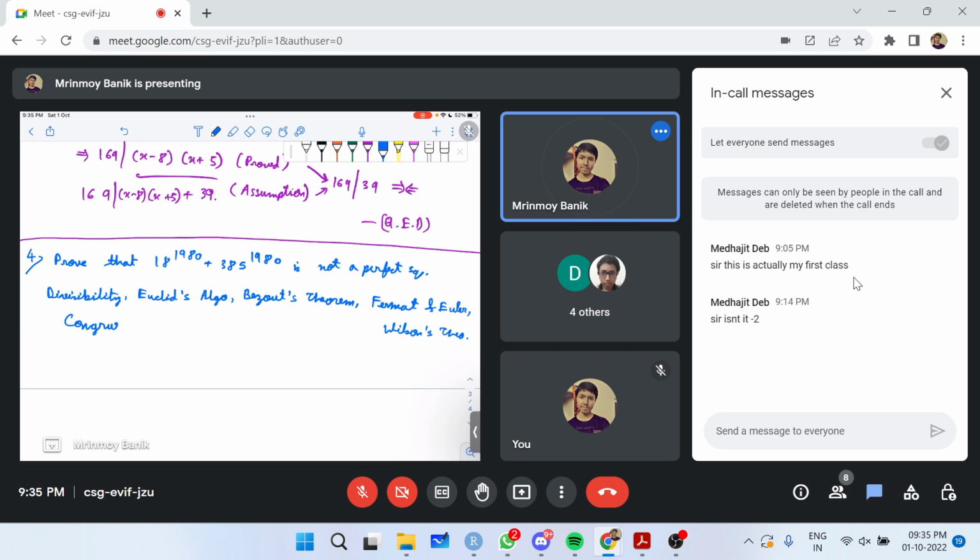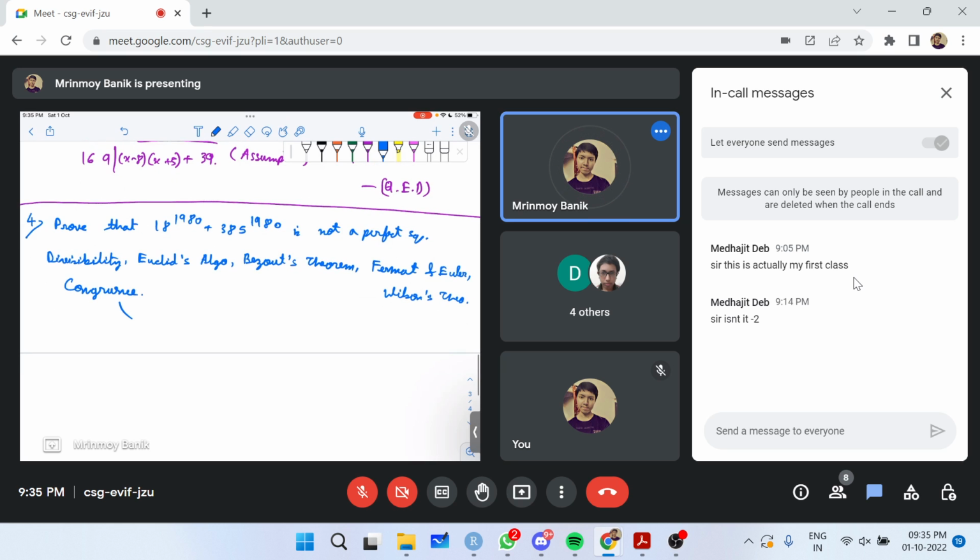So, as a quick summary, congruence is this notation. This notation here stands for congruence.